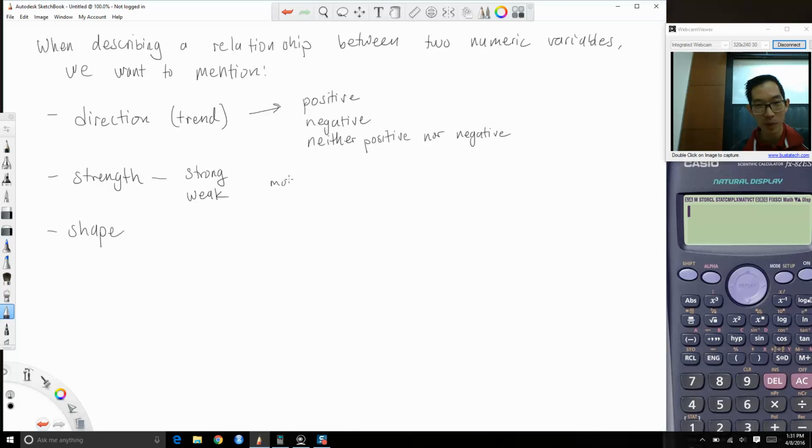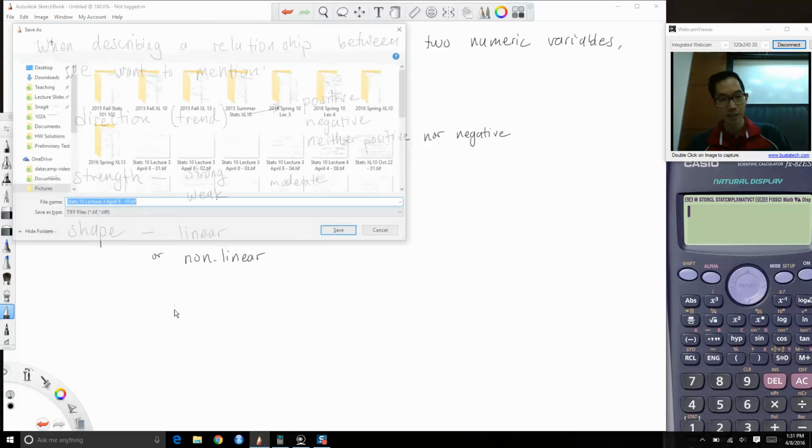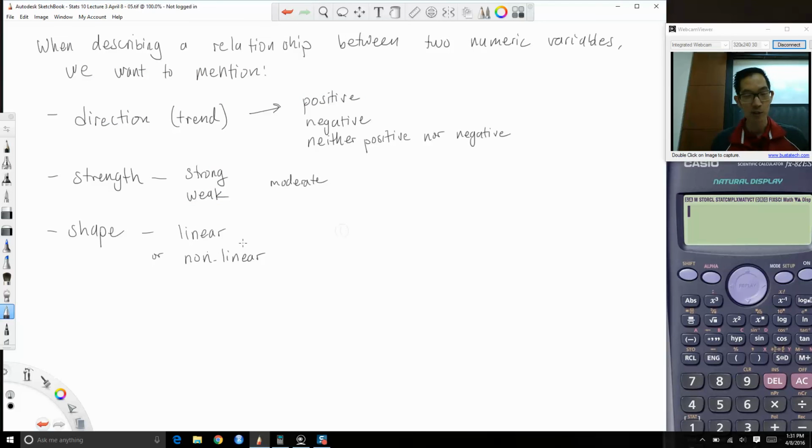Okay, moderate, kind of strong. And as far as shape goes, in this class we will just talk about linear or nonlinear. So if it's not linear, it will be nonlinear. Now, in another statistics class, you can further split up the nonlinear ones into geometric or exponential or quadratic, things like that. But in this class, we'll just have linear versus nonlinear. Okay, so let's talk about each of these things.